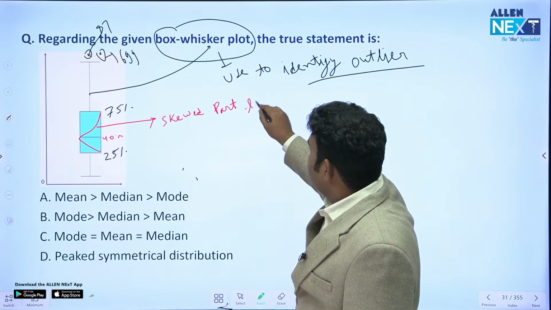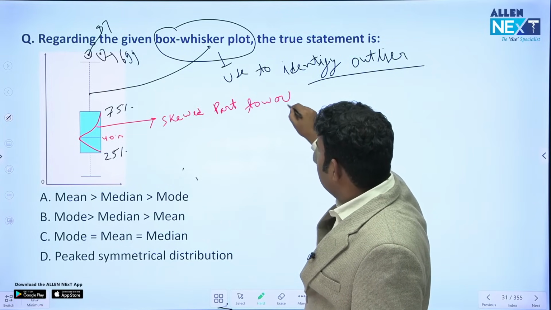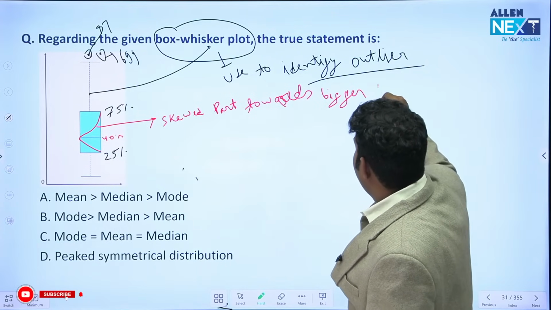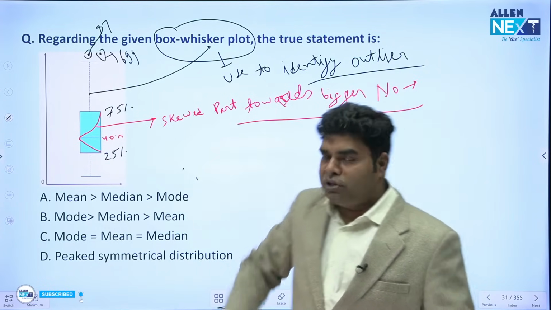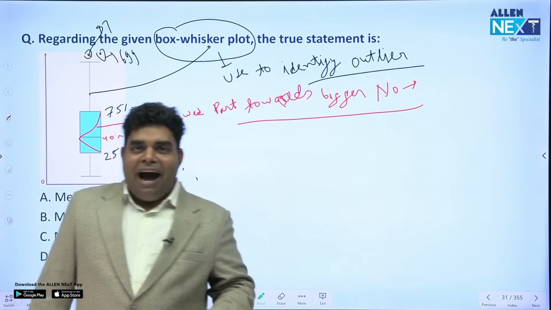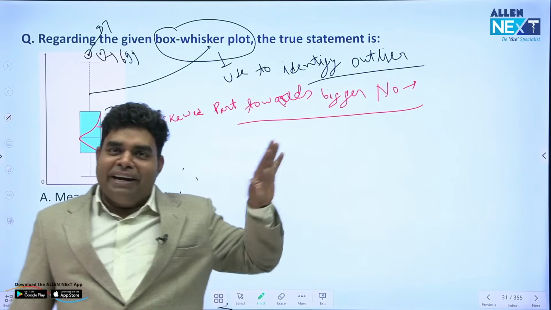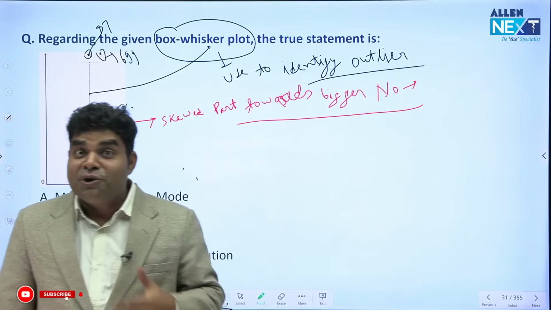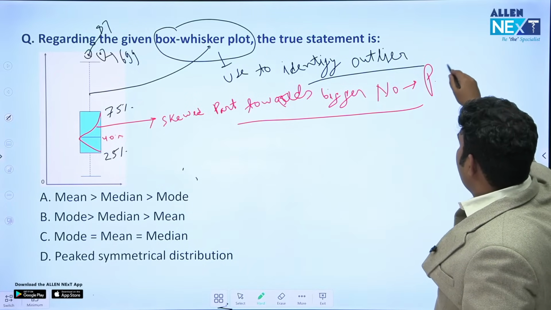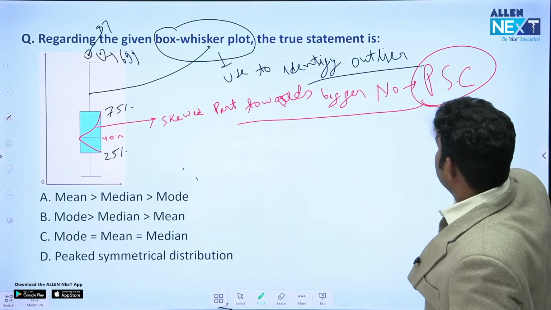So the skewed part is towards bigger numbers. And if your marks are increasing and your money is increasing, are you skewing positively in life or negative? Of course, you are skewed positive. So the skewed part is towards bigger numbers, that's why it is a positive skewed curve.